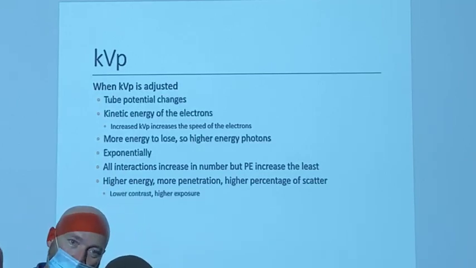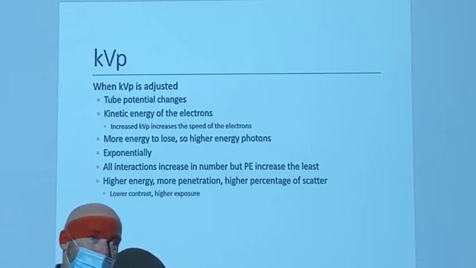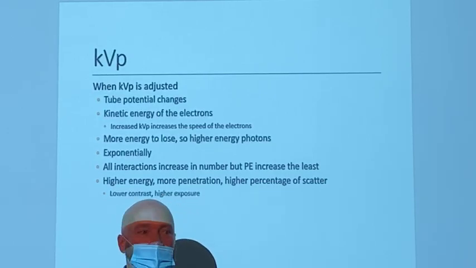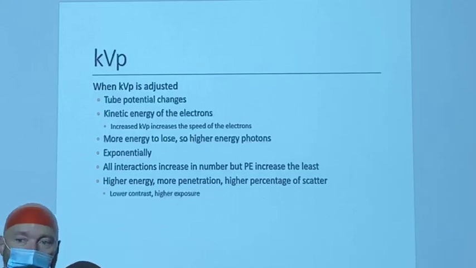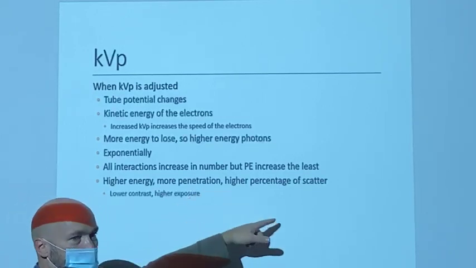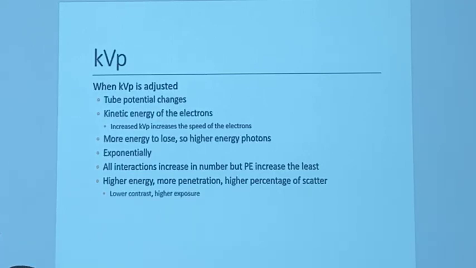If I have totally opaque and totally clear, then what's my contrast look like? Totally black, totally white, right? So if I increase my KVP and I penetrate this a little bit, now what does this one look like? It's more gray, right? So if it's more gray, does that bring those contrasts closer together? Yes. Okay, so even if we got rid of all the scatter radiation with the increase in KVP, we're still going to get a longer grayscale, less contrast, okay?